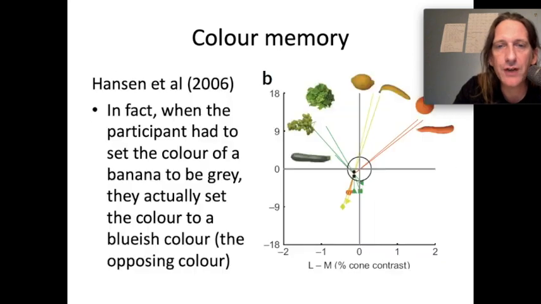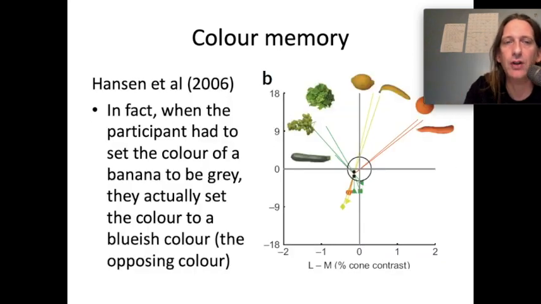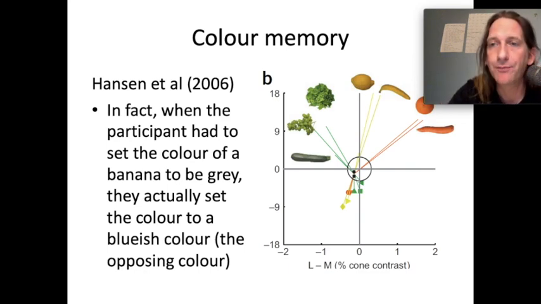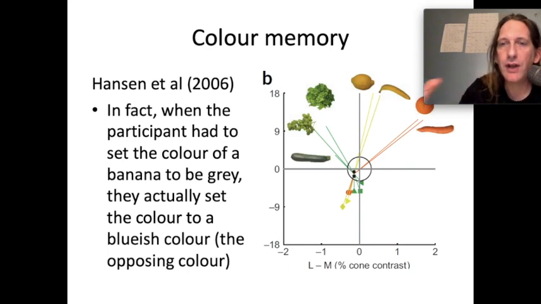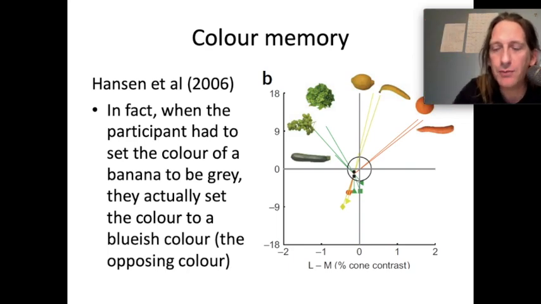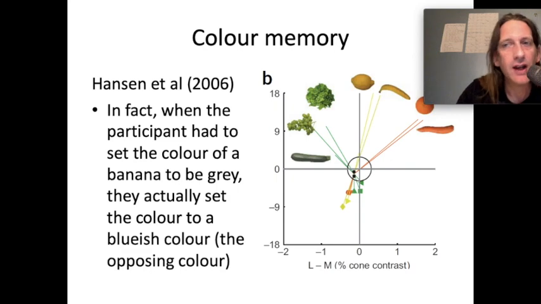And in actual fact, when people had to set the colour of the banana to be grey, they actually set the colour to be slightly bluish, the opposite of yellow. So with the top-down memory of bananas being yellow, in order to cancel that out, they have to shift the colour of the banana slightly into the bluish spectrum.